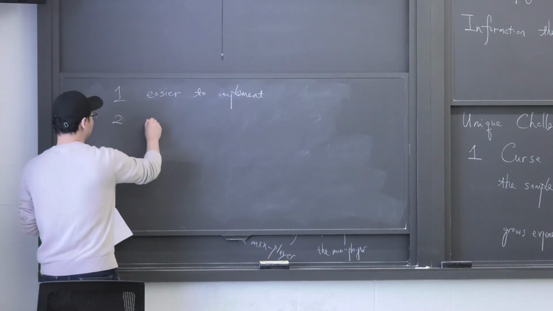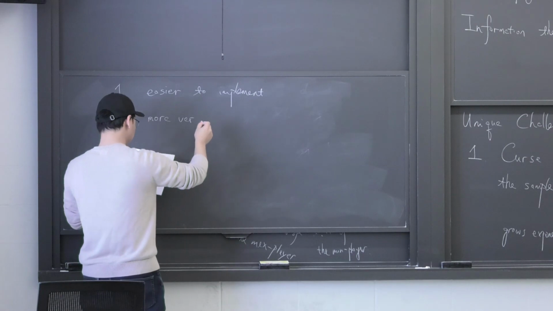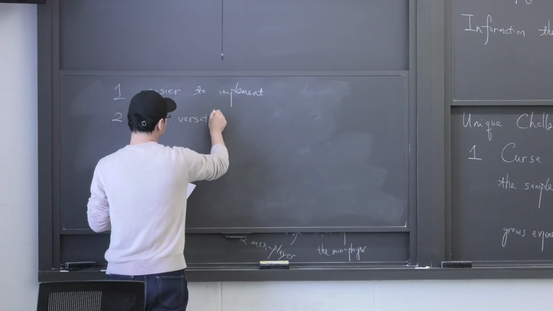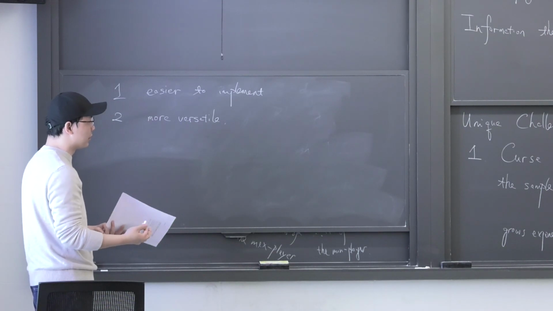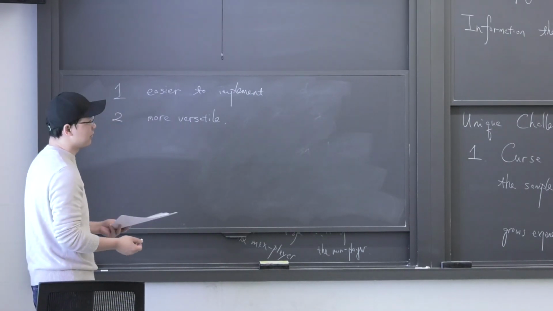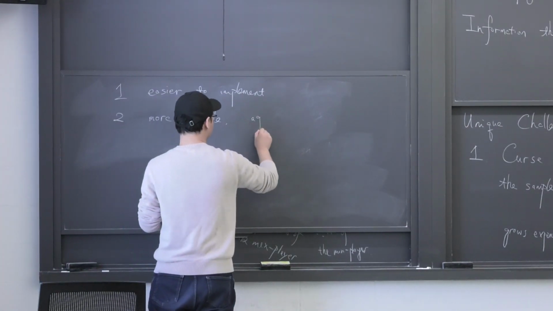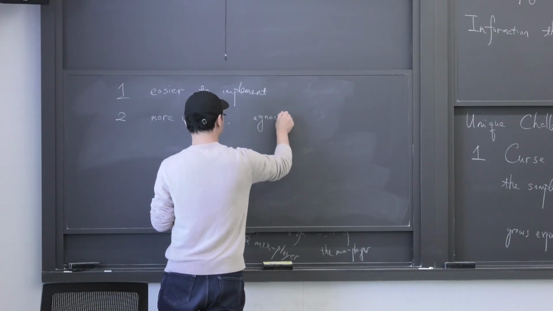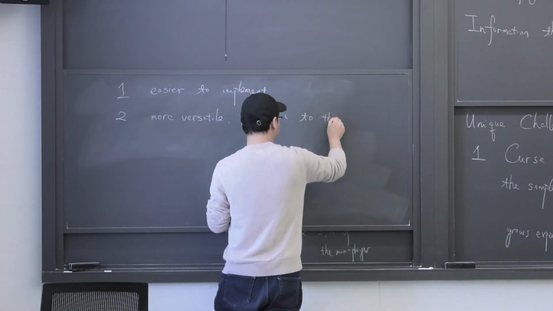Second, this is also more versatile. If we have such an algorithm, it works in a strong sense, in that it doesn't really care about what other players are doing. It will be agnostic to the actions of other agents.